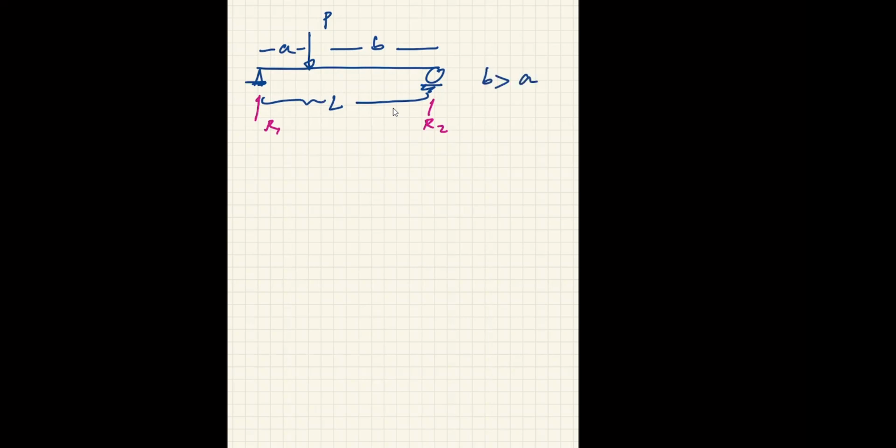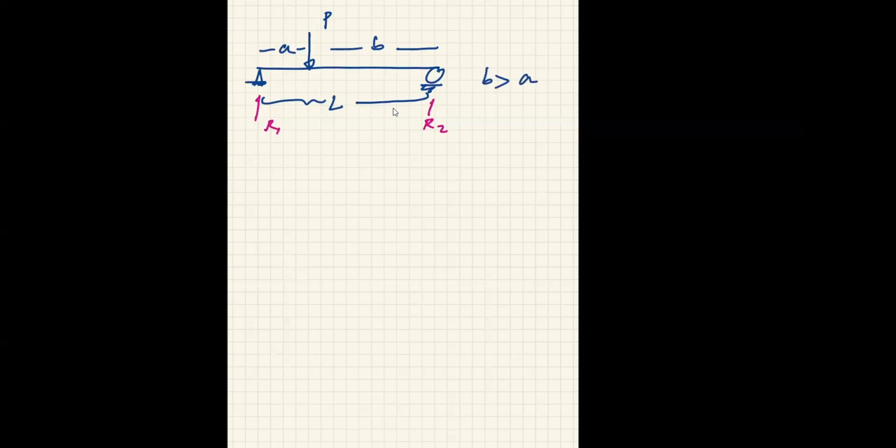No calculation is required. You just look at the picture and feel the structure. So if B is greater than A, it means that P is closer to R1 than R2, right? Am I right? Don't be afraid. If you're going to be wrong, let it be this time.